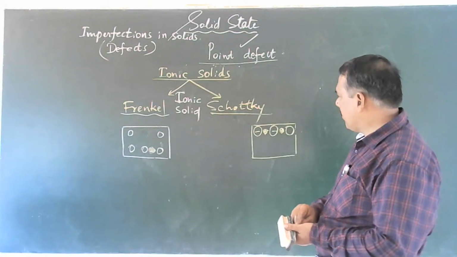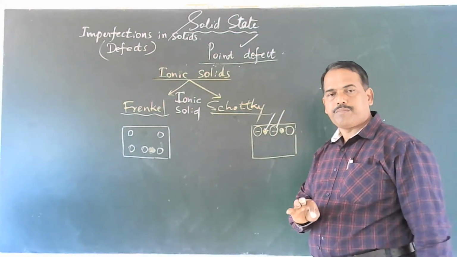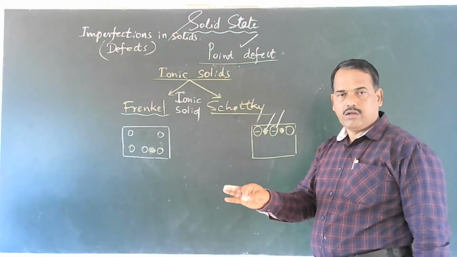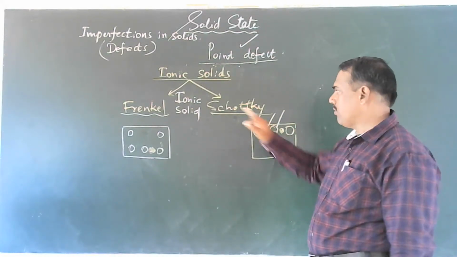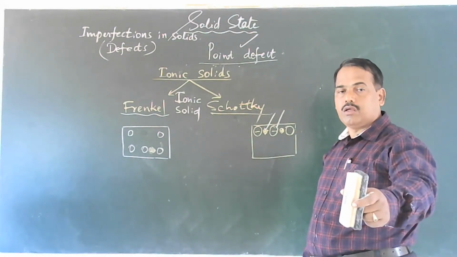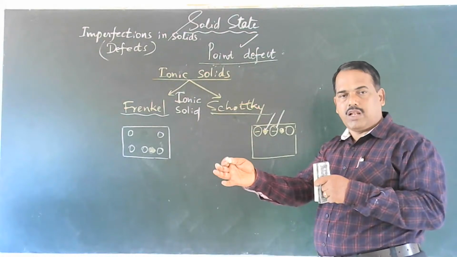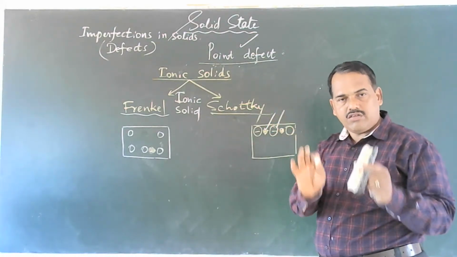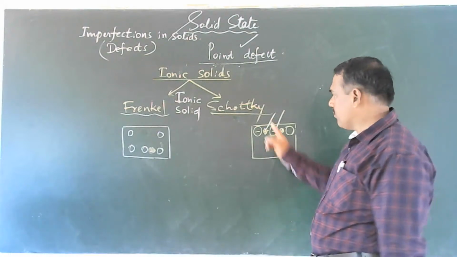Equal numbers of cations and anions are missing in the ionic solid. That defect is called Schottky defect. What about density? Cation and anion are completely away from the lattice. Therefore, density decreases.